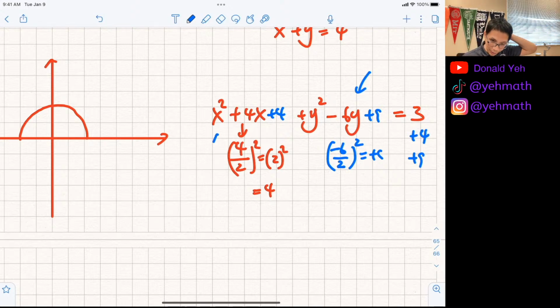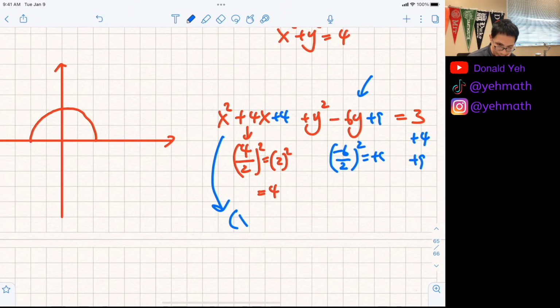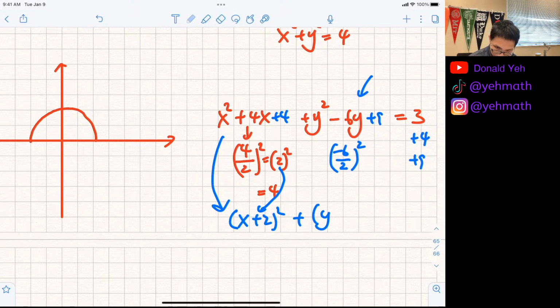Okay, so now you're going to change this. You're going to complete the factor, and completing the factor is actually pretty easy. x squared plus 4x plus 4 is just going to be, take this 2 right here, (x plus 2) squared, plus (y minus 3) squared. I usually tell students to write this out: negative 3 squared equals 9. So that's just going to be negative 3, because that negative 3 is right here. You don't even need to know how to factor.